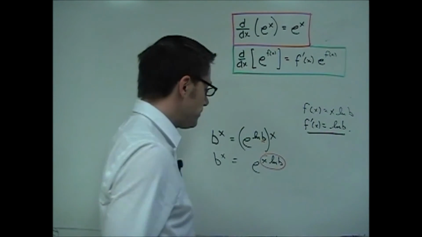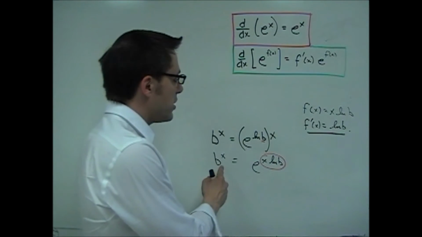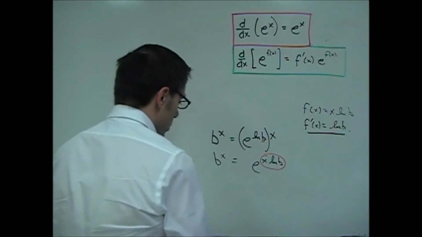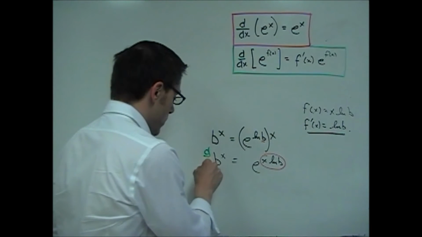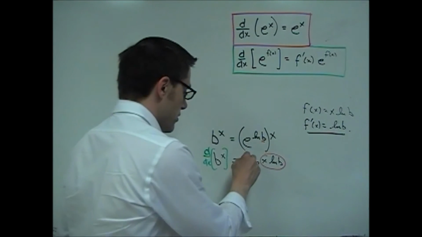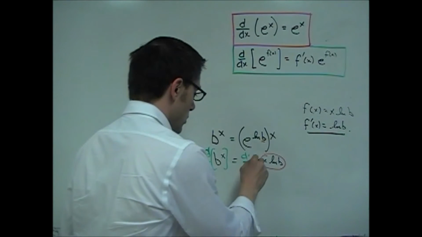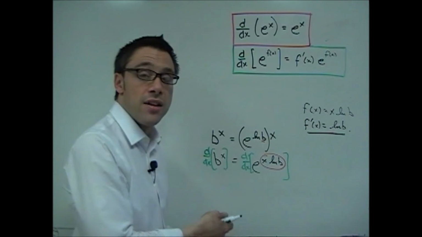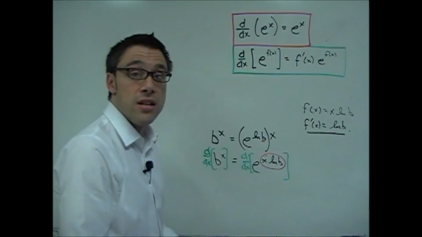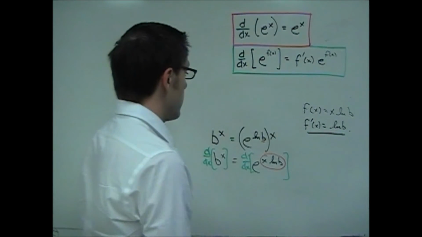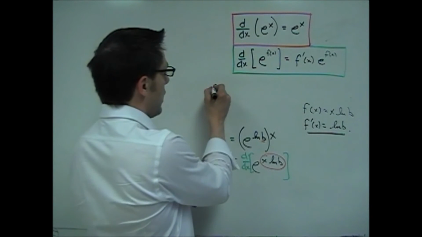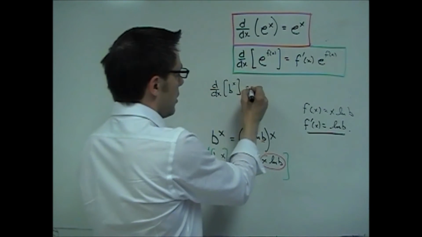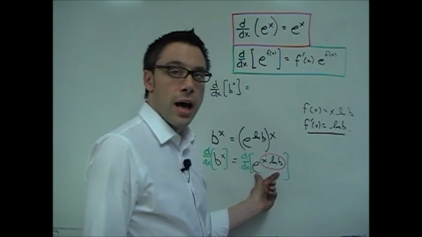Right, that's the derivative. Now what I want to do is differentiate both sides of this equation. So I'm going to differentiate with respect to x both sides. Whatever I do to one side of the equation, I must do to the other. If I differentiate both sides, the equation remains valid. What I get here is still the derivative with respect to x of b to the x, but that's going to be equal to the derivative of this guy.